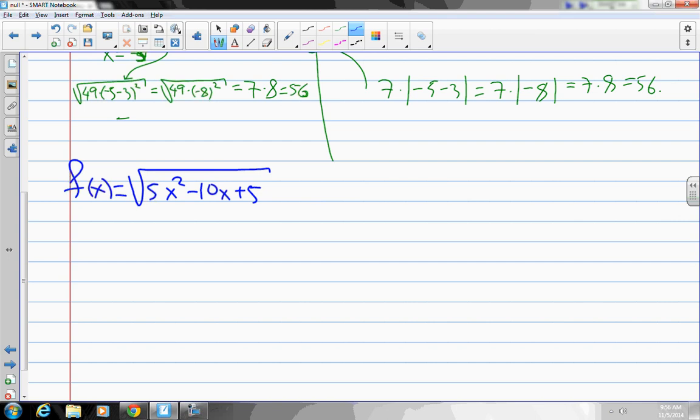But let's do some factoring, and you'll see how this is answering your question, by the way. Can I do some factoring with this 5, 10, and 5? Is there a common factor? 5, so I can pull out a 5. Everything is still under the square root. So x squared minus 2x plus 1. So we did that little bit of factoring.